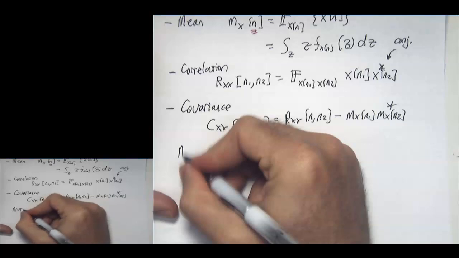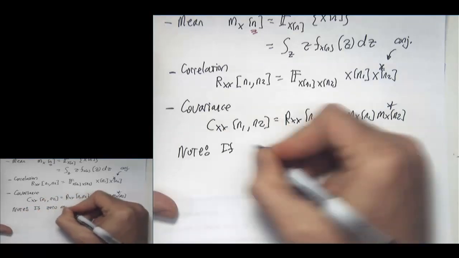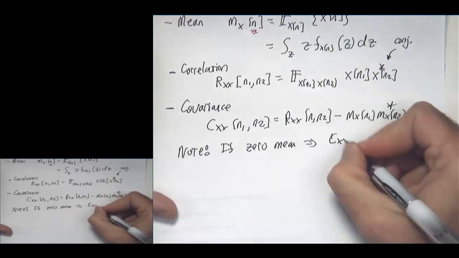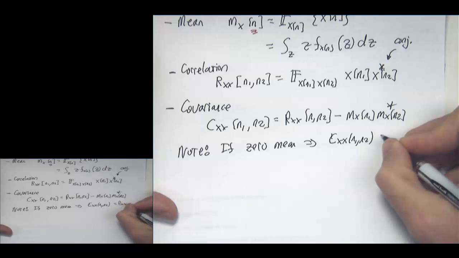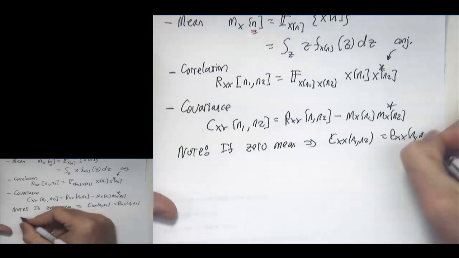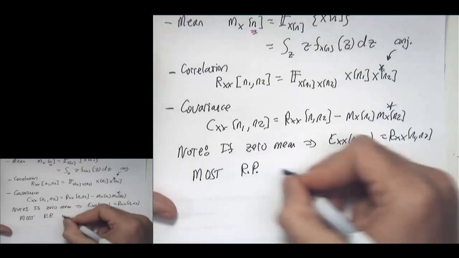Note, importantly, that if the process is zero mean, then the covariance and the correlation are the same. Most of the processes we consider in class are going to be zero mean.